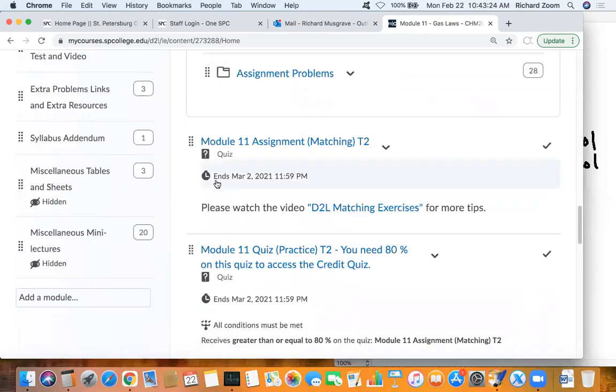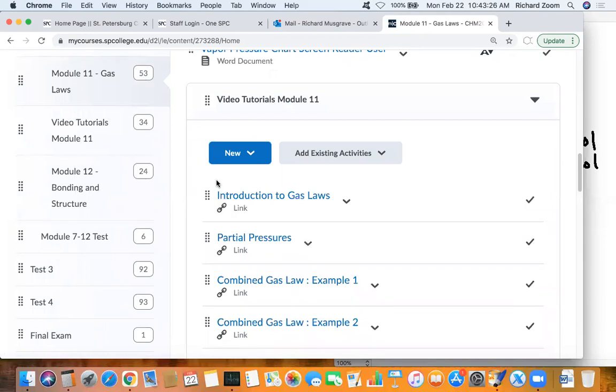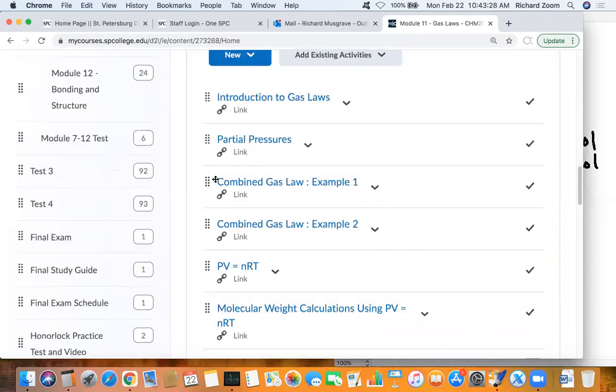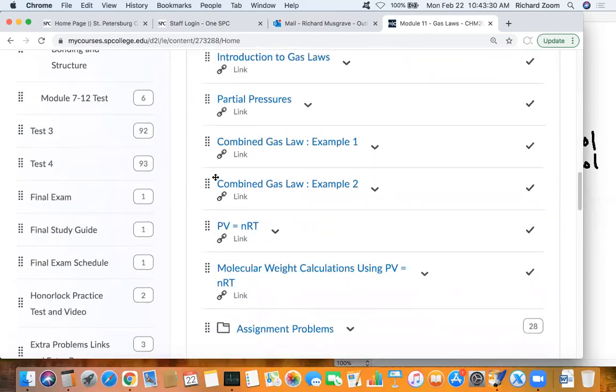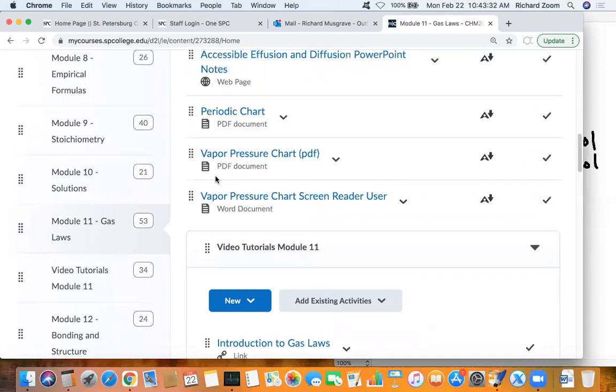All right. Does anybody have any questions? So for the Module 8 assignment T2, I got like a 72. So does that mean I have to have an 80%? That's right. But you can take it as many times as you want. You need 80% on the assignment in order to open up anything else. Okay, because I didn't know that until now. Well, it's in the syllabus, and I went over it on the first day of class as well, Michael.